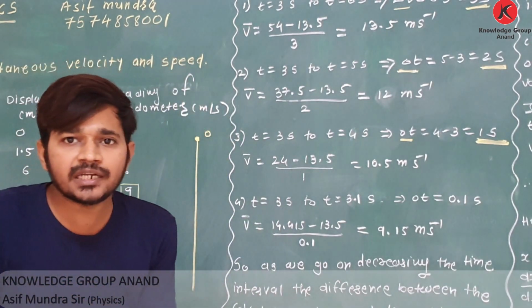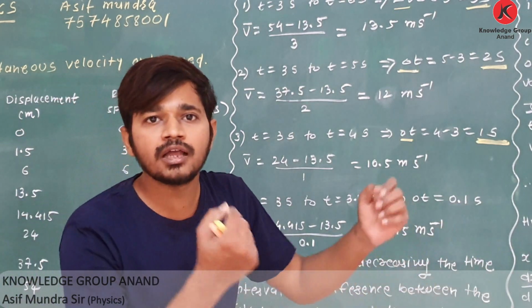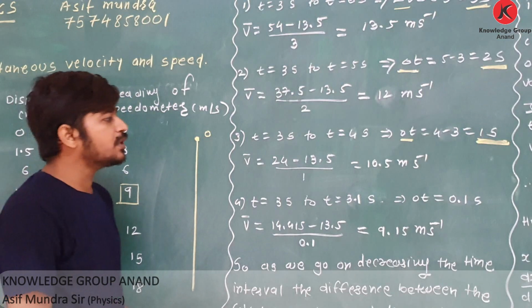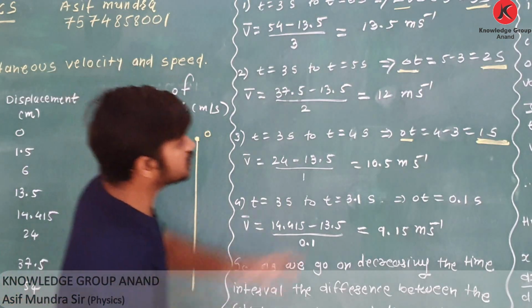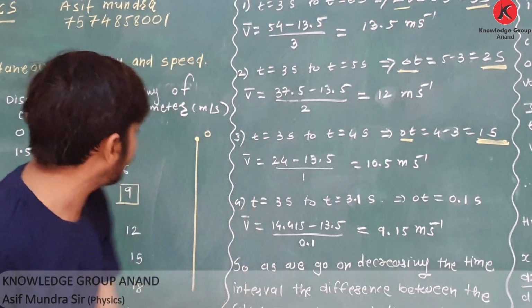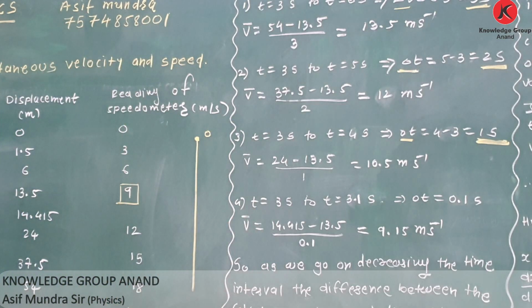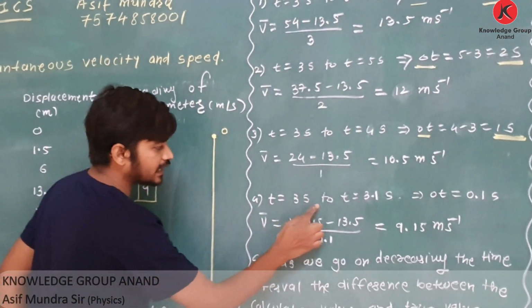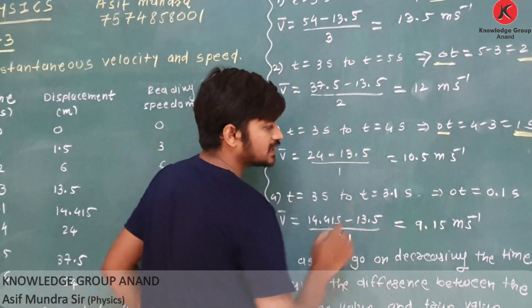Means the calculated value tends to the actual value. If I take a time interval small, 3 seconds, 2 seconds, 1 second, and if I take a time interval very, very small, for example, the point 3.1 second, for that 3.1 second, displacement is 14.415. Then for t equal to 3 seconds to t equal to 3.1 second.